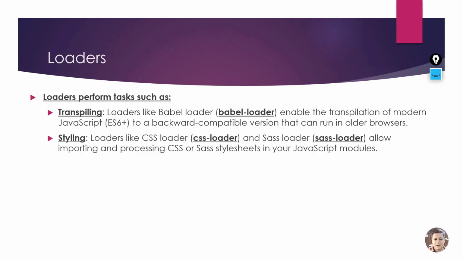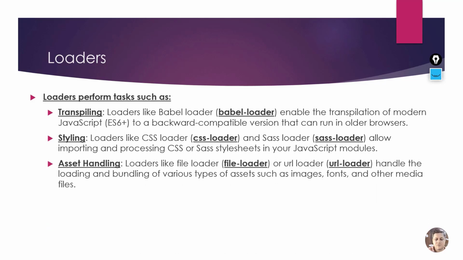Styling. I already told you that loaders like css-loader are used to convert your SCSS or Less code into plain CSS code so that the browser can understand. Asset handling. You can use file-loader and url-loader to handle the loading and bundling of various types of assets such as images, fonts, and other media files.